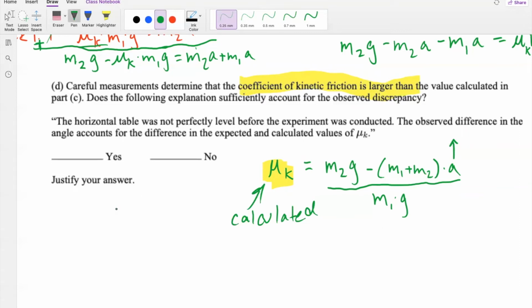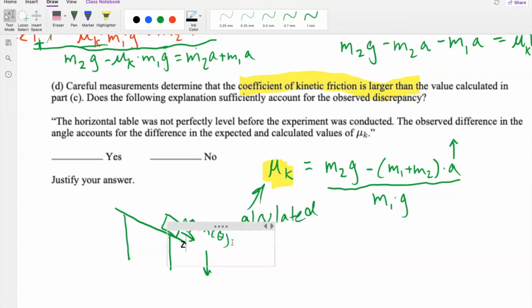So if I happen to incline the table and I didn't take it into account, then there was an above average larger acceleration, because not only do we have the acceleration from the system being pulled down by gravity, but we're also going to have a component of that g sine theta acting down the incline. Okay, so we have to be careful here with that.